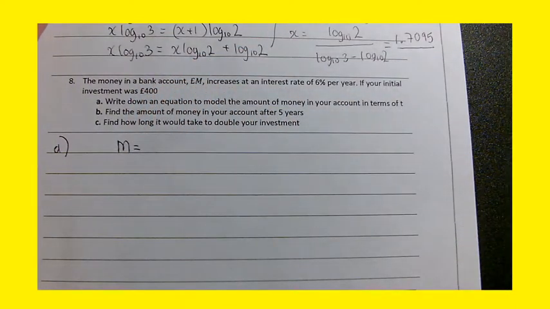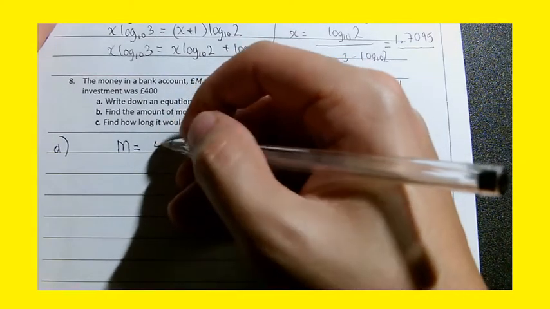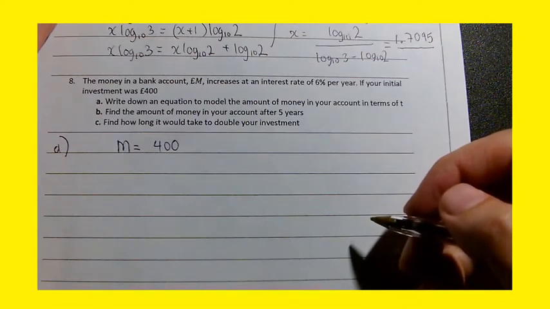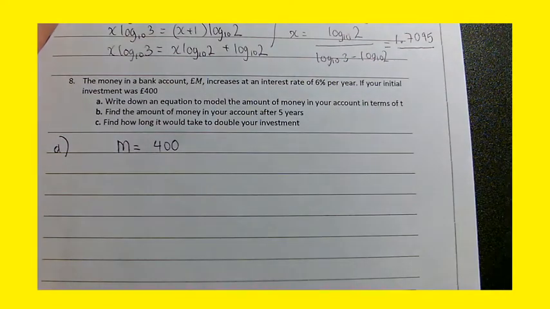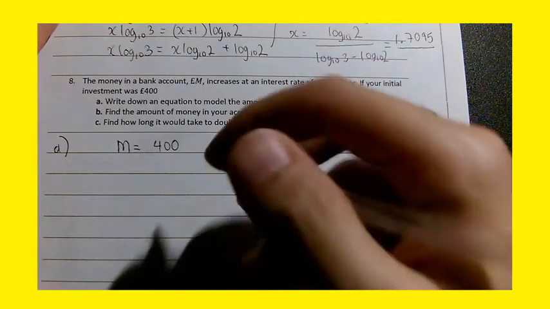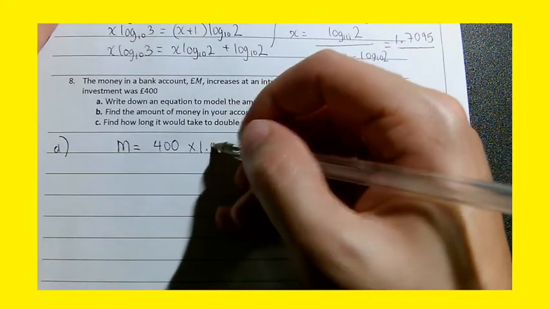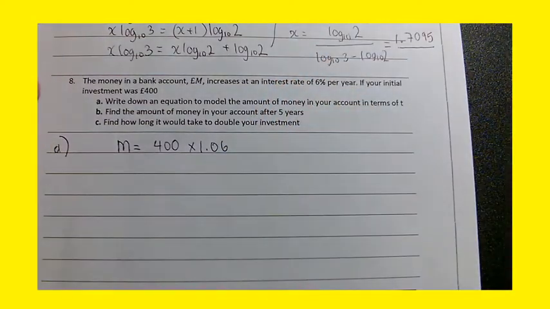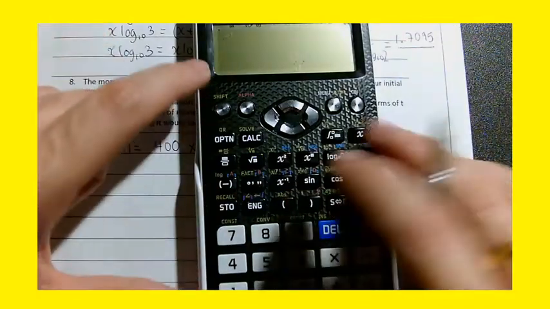I'm thinking about this in terms of interest rate. If you've got £400, and it's increasing by an interest rate of 6%, then year on year it's going to take on a value which is 1.06 times its original value. We can do that manually as well.